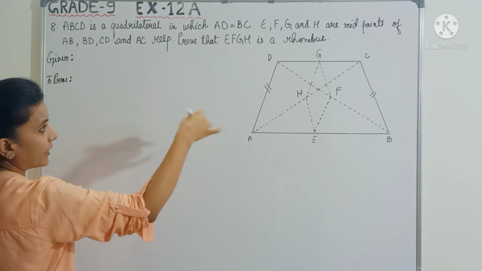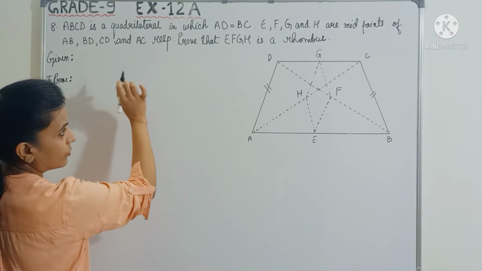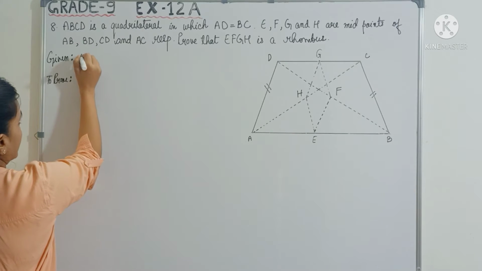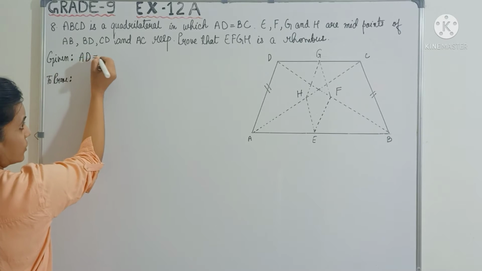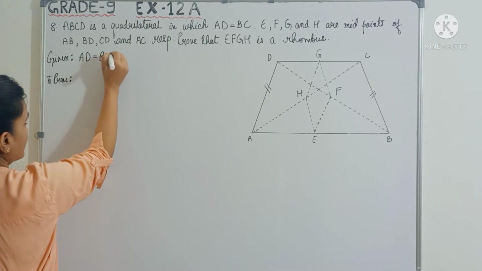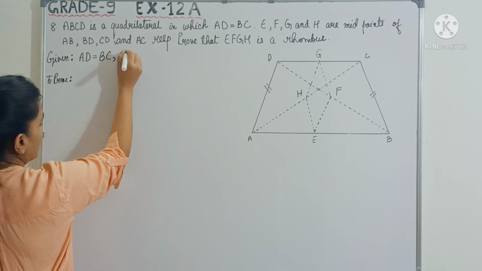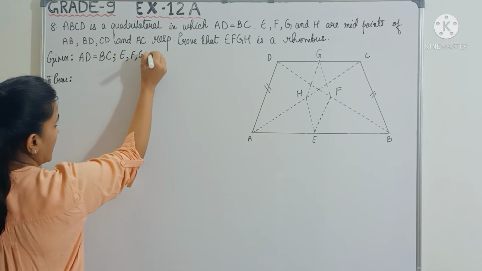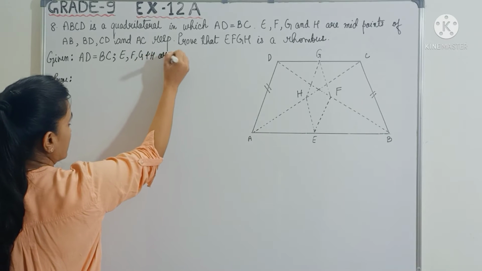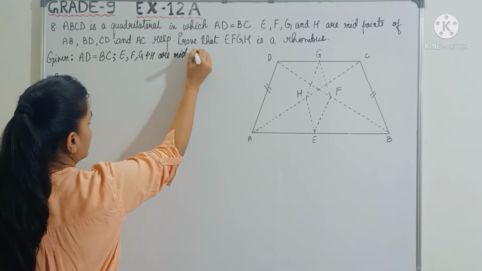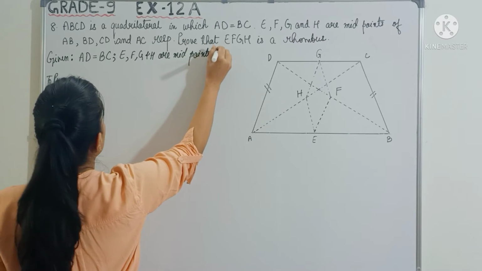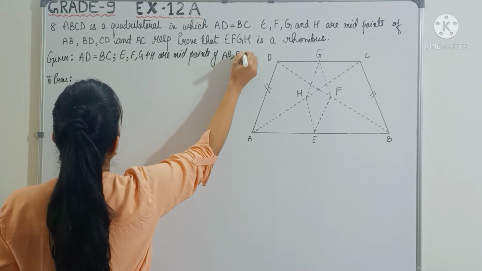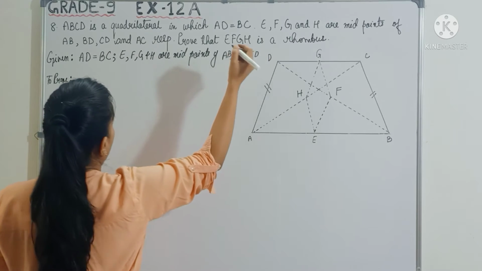So given is that ABCD is a quadrilateral, so let's not write down that. What else is given? Yeah, in this quadrilateral AD is equal to BC and E, F, G and H are midpoints of AB, BD, CD and AC.